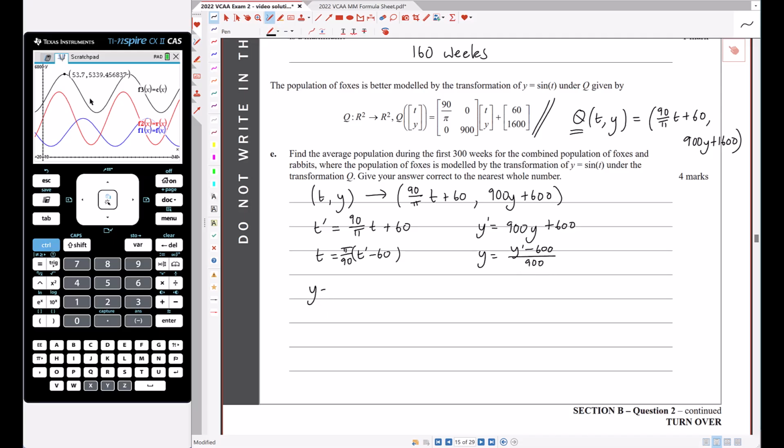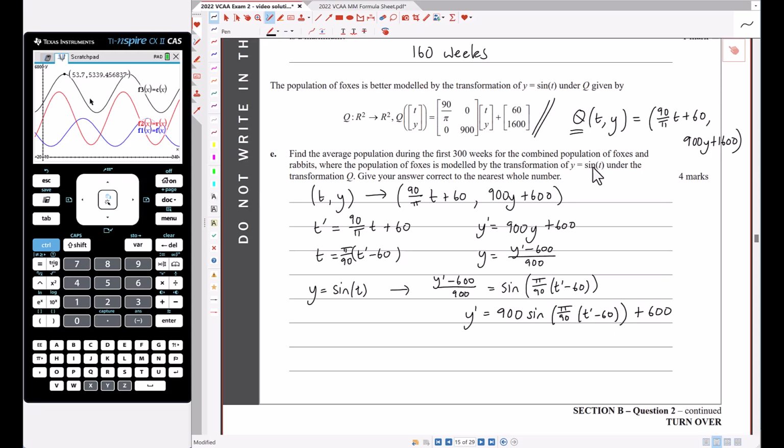Okay, so y equals sine of t is going to become y dash minus 600 over 900 equals sine of pi on 90 (t dash minus 60). And so if we make y dash the subject here, we're going to get 900 sine of pi on 90 (t dash minus 60) plus 600.